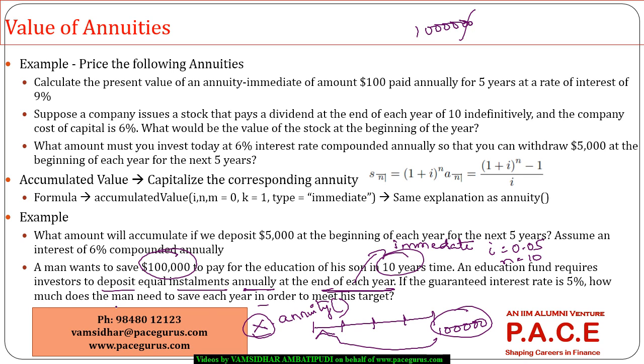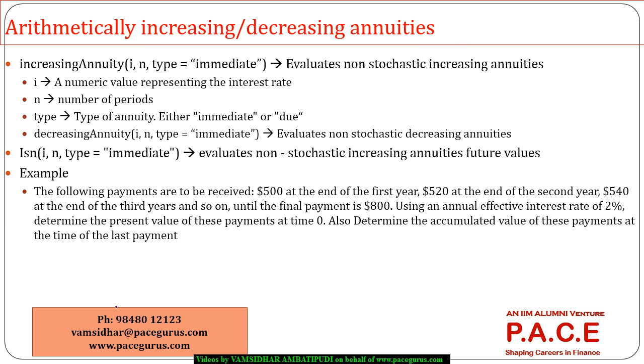Now that we are comfortable doing the calculations involving annuities, we move on to the next, where the annuity amount may not be constant throughout, but follows some kind of pattern.